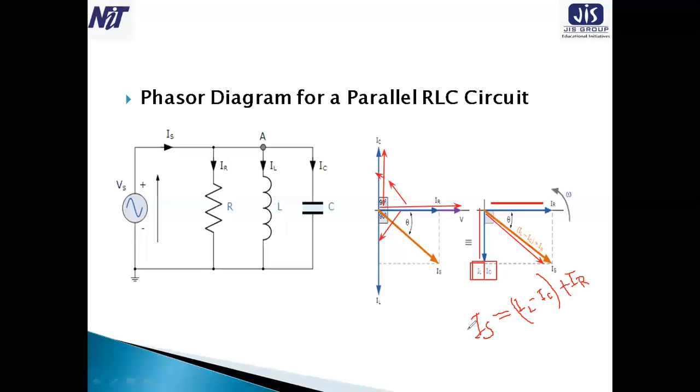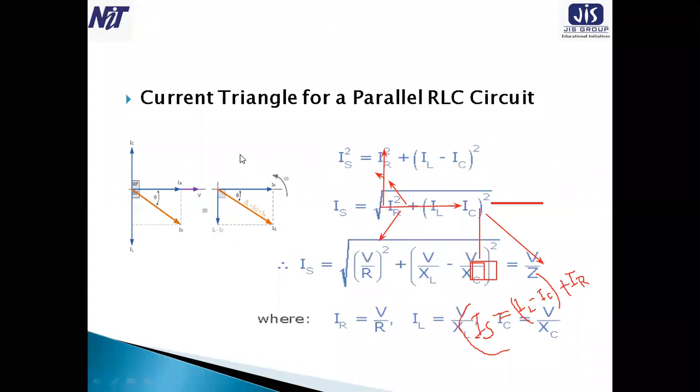So that is our IS supply current. In this way, with the help of the phasor diagram, we can find the supply current. Now, the current triangle for the parallel RLC circuit.